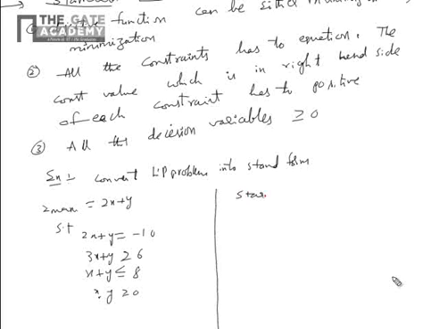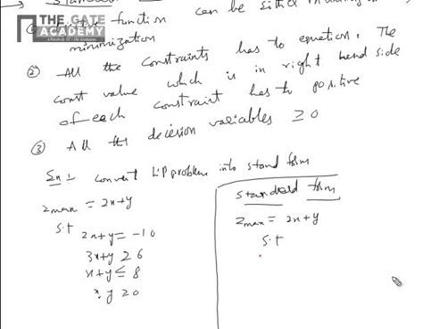For the standard form, first the objective function: you write maximization, whatever has been given. All constraints' right hand side values have to be positive.